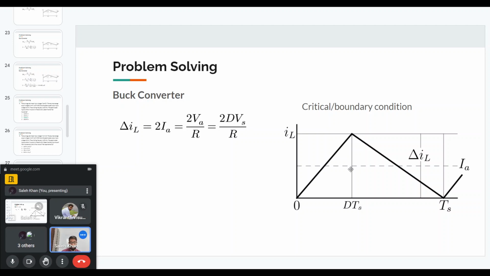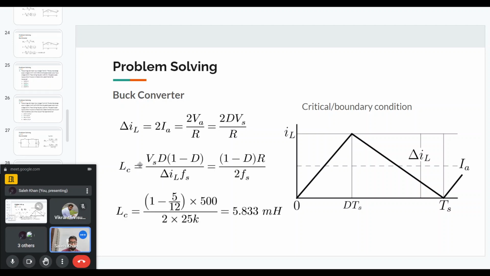Now if you substitute this equation into the equation of the inductor, you will get the critical value of the inductance. You can see that the critical value of the inductance only depends on the duty, the load resistance, and the switching frequency. It is not dependent on the input voltage.